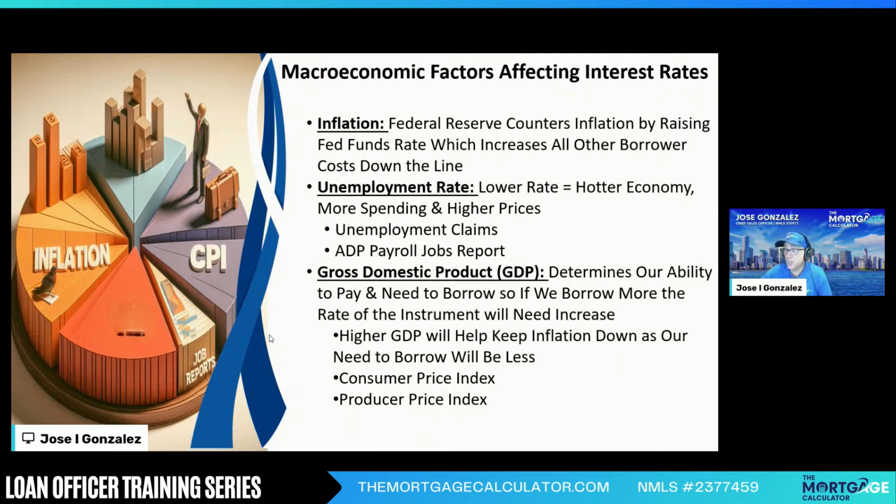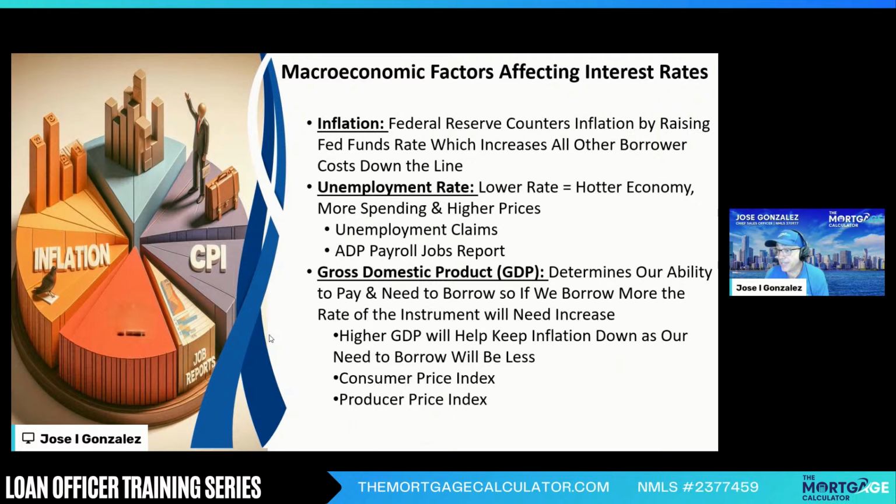The other factor that's looked at when analyzing what's going to happen with interest rates is gross domestic product. That's the production of our economy that determines the economy's ability to pay and the need to borrow. So if we borrow more, the rate of the instrument that we're using to borrow, in this case a treasury security, will need to increase because we're increasing the supply.